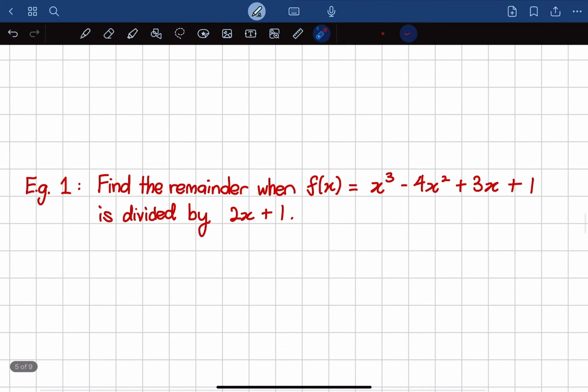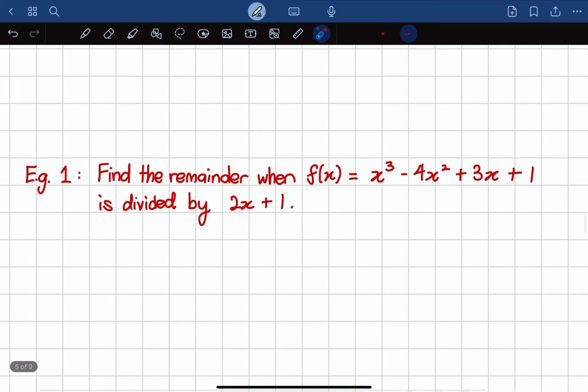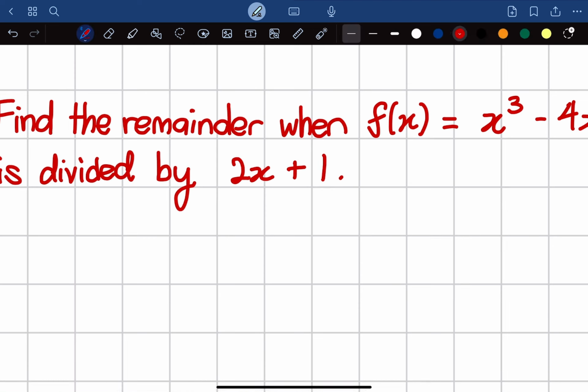Example 1 states, if I'm given this polynomial, x cubed minus 4x squared plus 3x plus 1, how do I find the remainder if I divide by this divisor, 2x plus 1? A very simple tip: when I see a divisor, how do I know what x value to sub in? You can do a small working at the side.